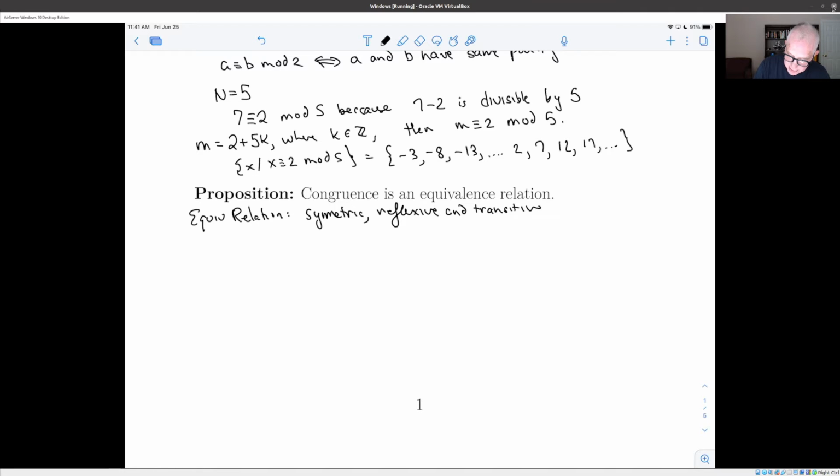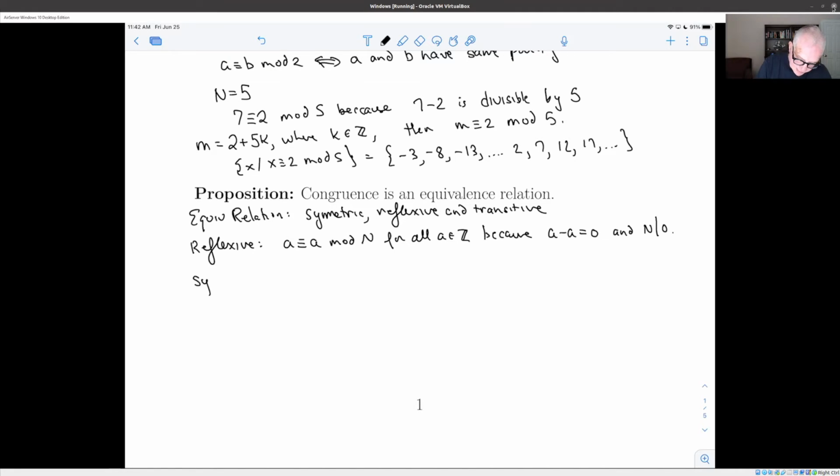And here, reflexive means that every element is equivalent to itself, and that's certainly true. a is congruent to a mod n for all a, because a minus a is 0, and n always divides 0.